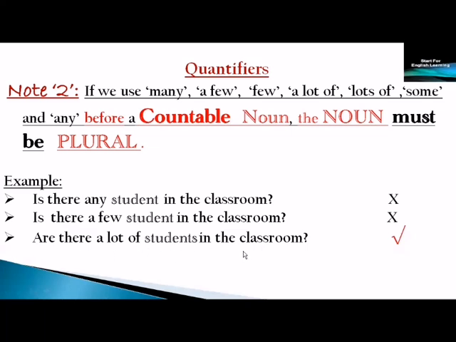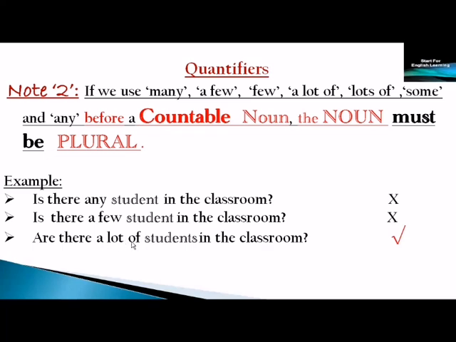Are there a lot of students in the classroom? It is correct. Why? Because students is a countable noun. It is plural. The verb are matches with students.